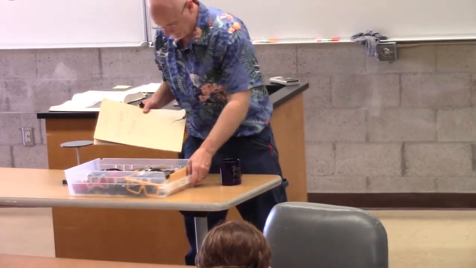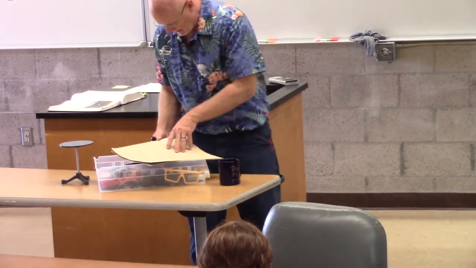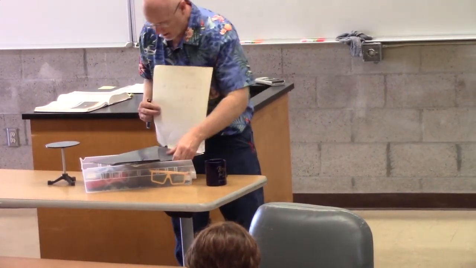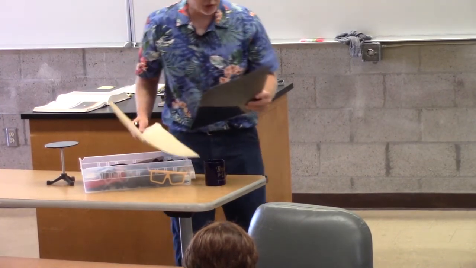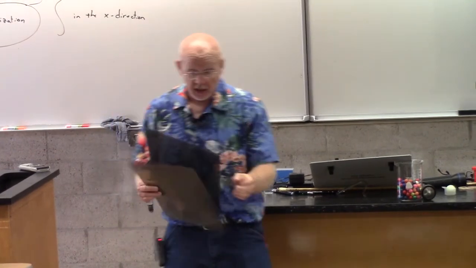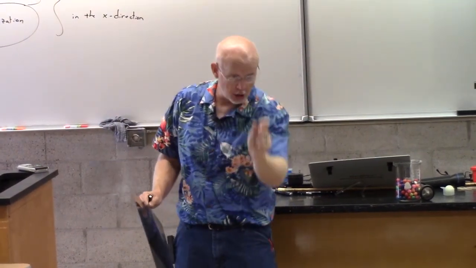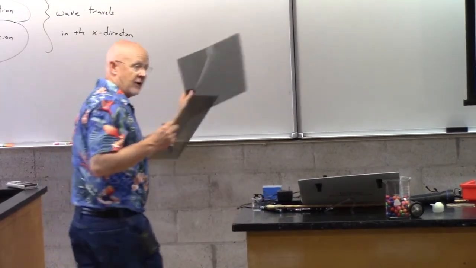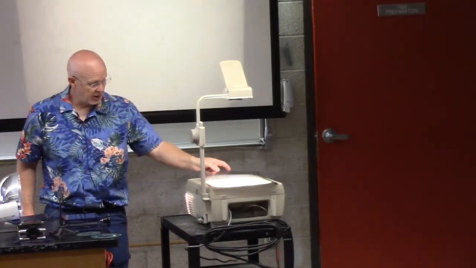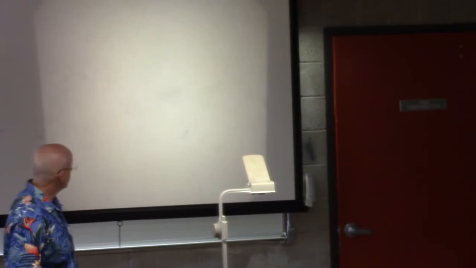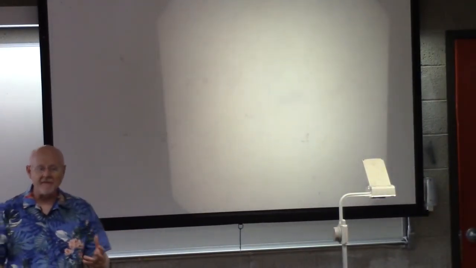But I have, in this little box here, some material that acts a lot like that barbecue grill I was talking about. On a microscopic scale, these molecules are long, thin chains. So if I were to take one of these and place it on here, you see how it got darker? It's maybe about half as bright.